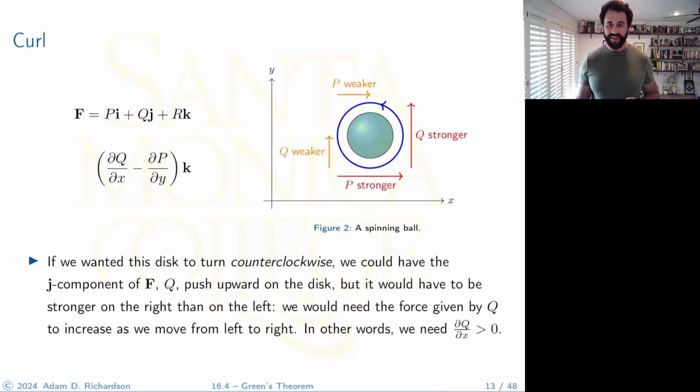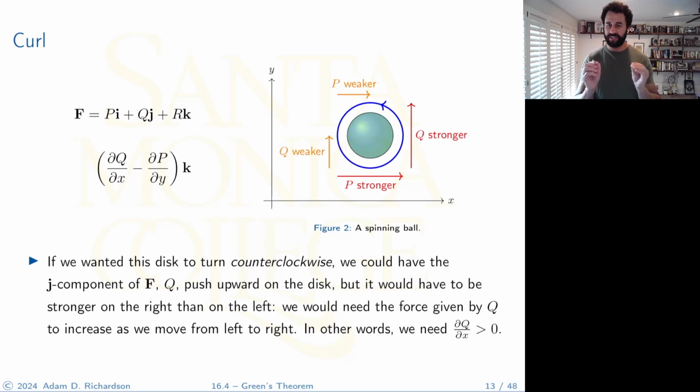Now, think about it like this. If we wanted this disk to turn counterclockwise, then we could have the j component of F, that's Q, push upward on the disk. But if we wanted the rotation to be counterclockwise, then we would need Q to be stronger on this side and weaker on this side.